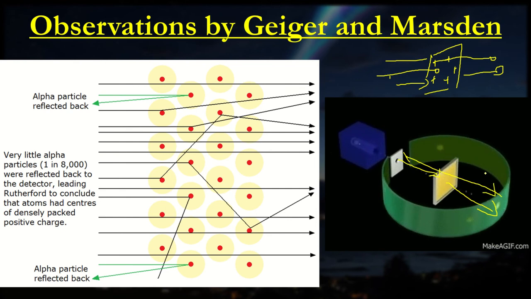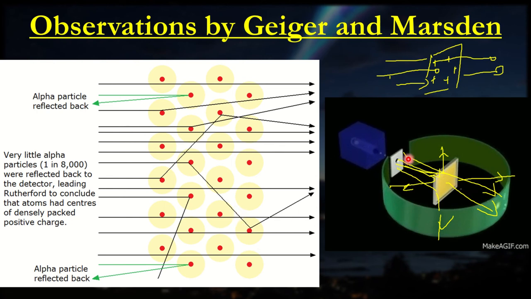That shouldn't be the case, because if the atom is a sea of electrons or a sea of positive charge, then these alpha particles, being positive themselves, should be repelled. But that's not the case. Every now and then you'll see a bit of deflection, and every now and then the alpha particles get reflected backwards. What that would imply is there is a positive component inside the gold.